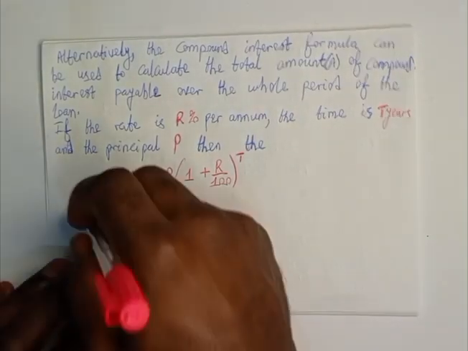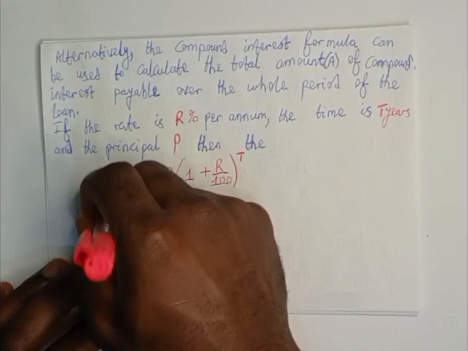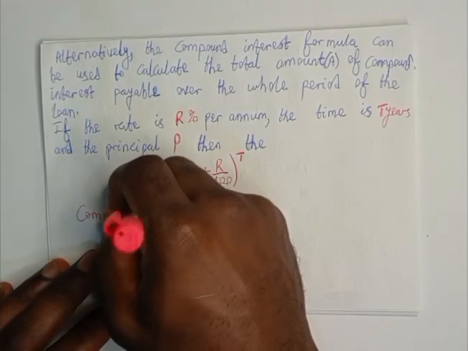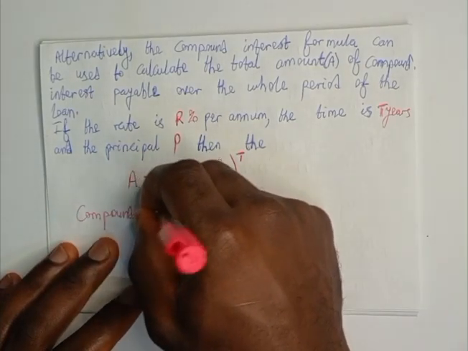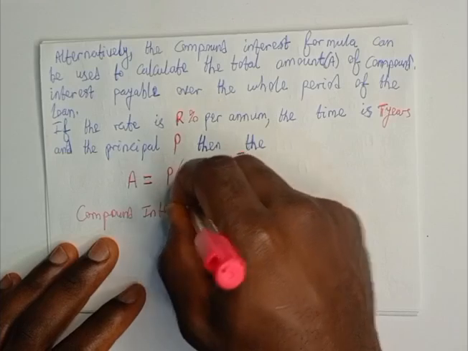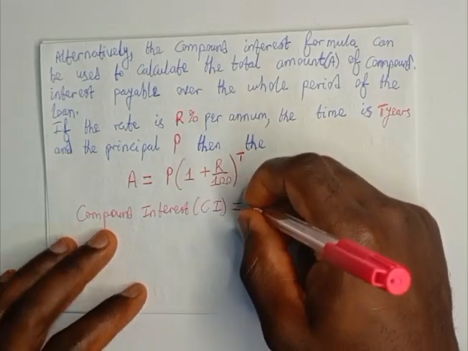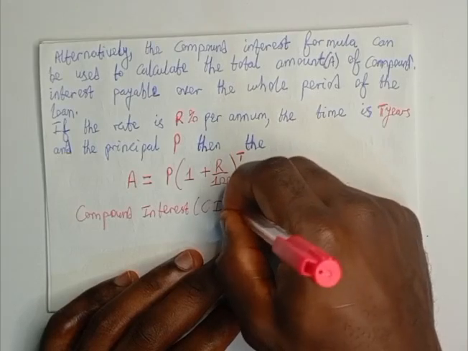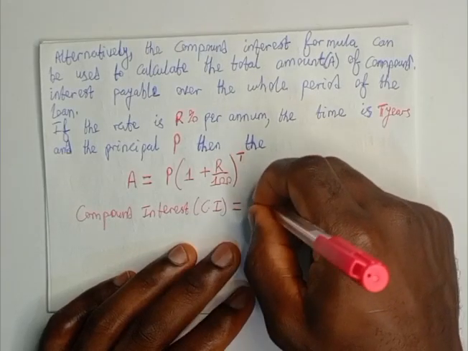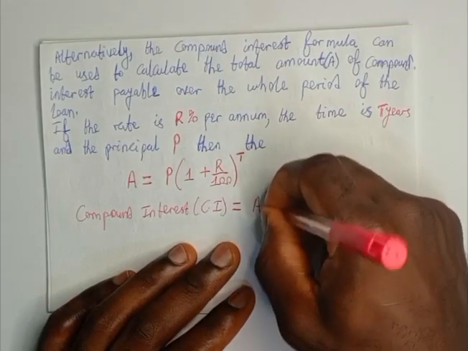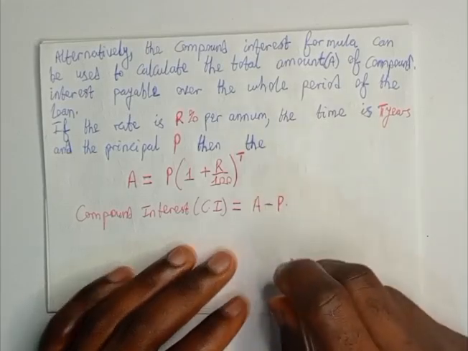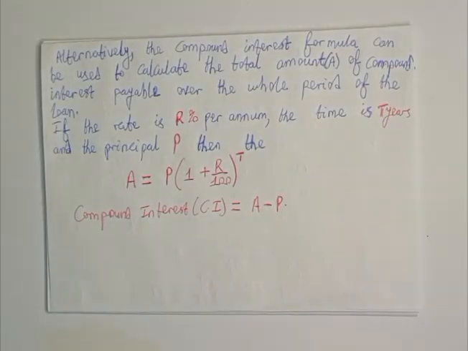Now getting the compound interest CI is simply equal to, we take the amount E minus the principal. This is how we get the compound interest for the duration of the investment.